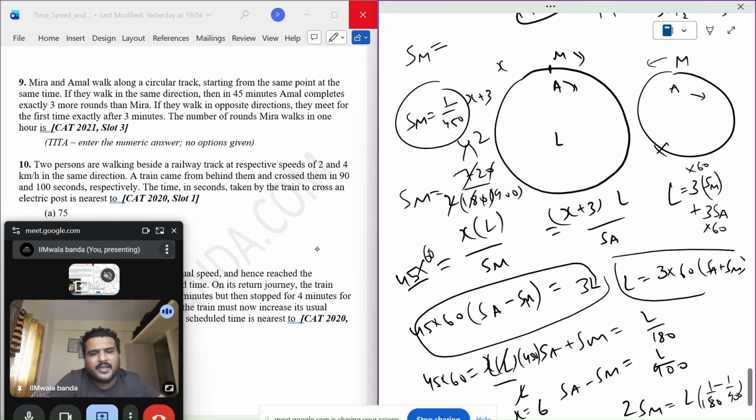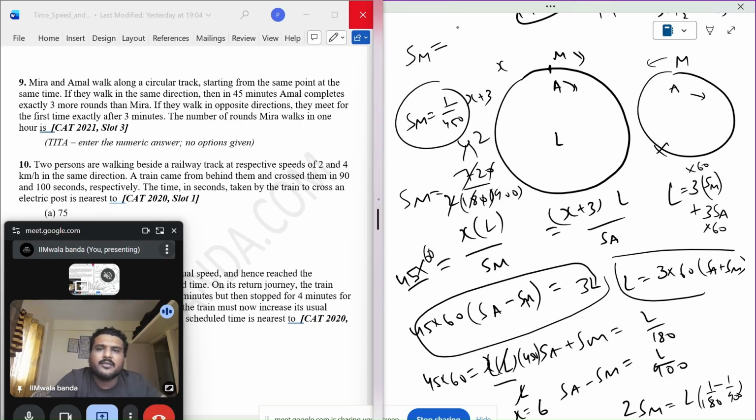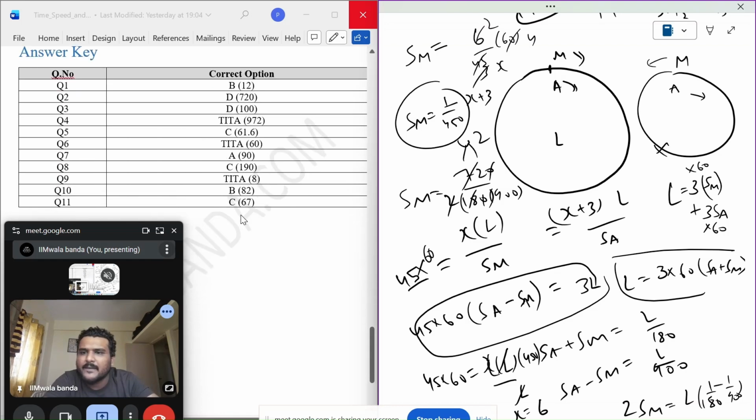Now, can I say if in 45 minutes it's taking 6 rounds, so in 1 hour it will take this many rounds? 8 should be the answer. Yeah.